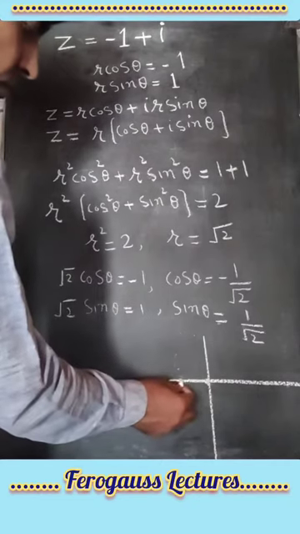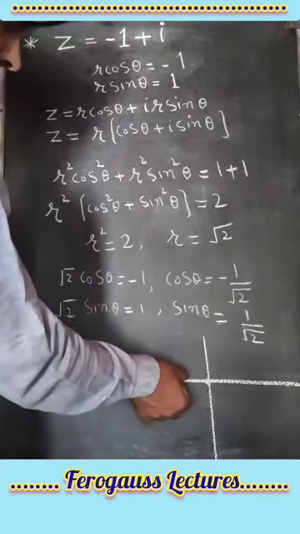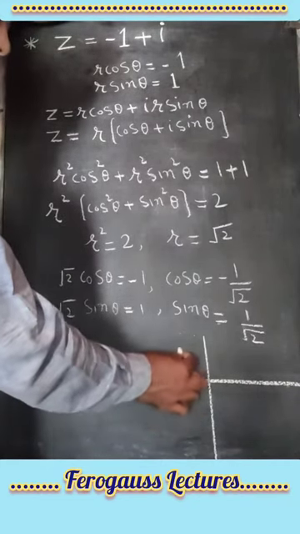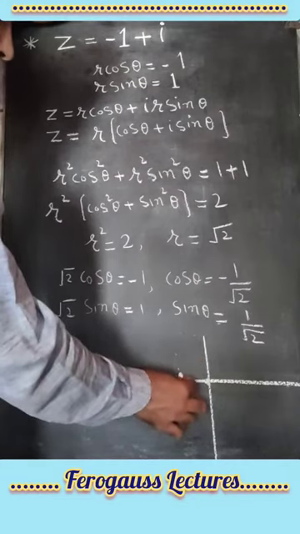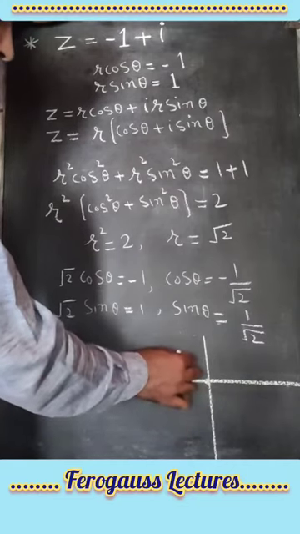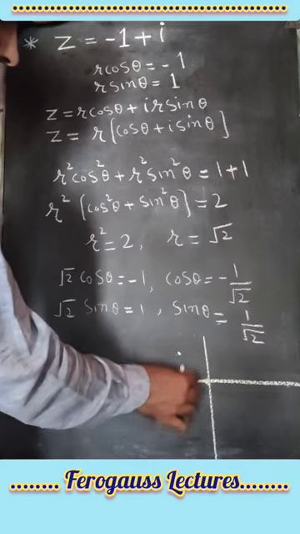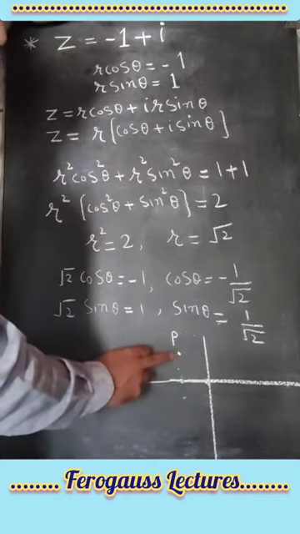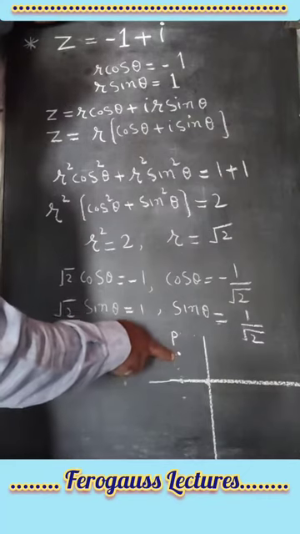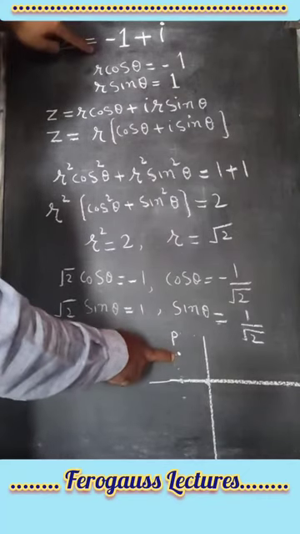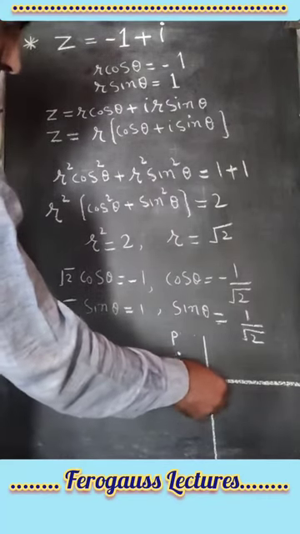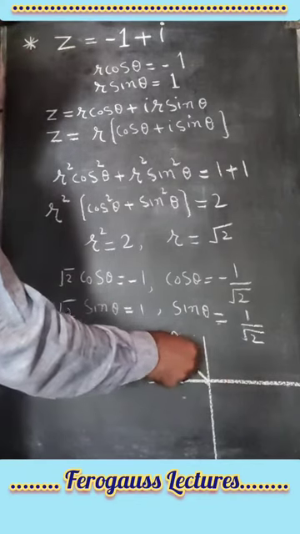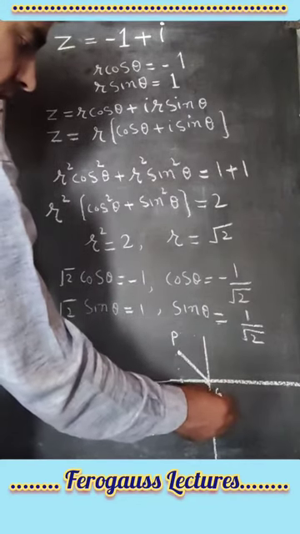So we have to move towards positive imaginary axis equal to 1 unit. Let this be equal to 1 unit. We name this point as P. Then the point P is the point corresponding to this complex number. Now join origin with this point. Let this be O.